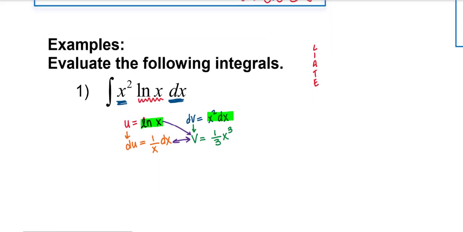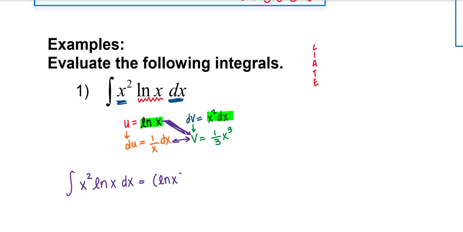So this antiderivative of x squared natural log of x dx is u times v, so it will be natural log of x times 1/3 x cubed, minus the antiderivative, now go this way, v du. So v is 1/3 x cubed, and du is 1 over x dx.